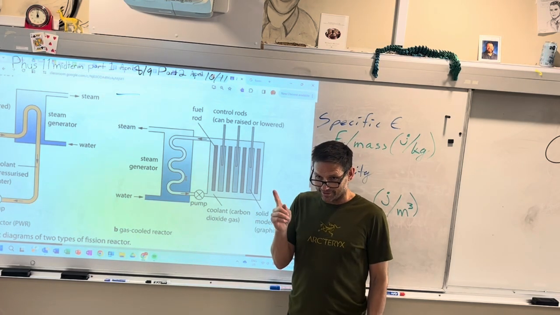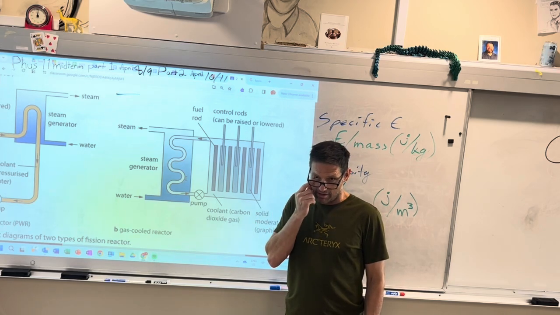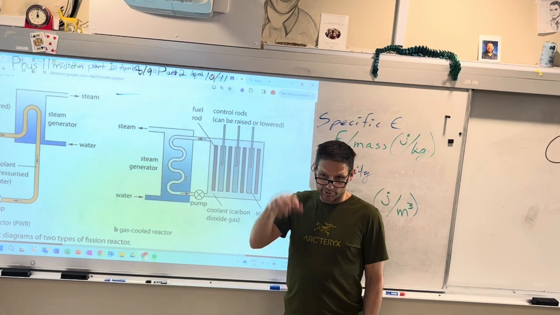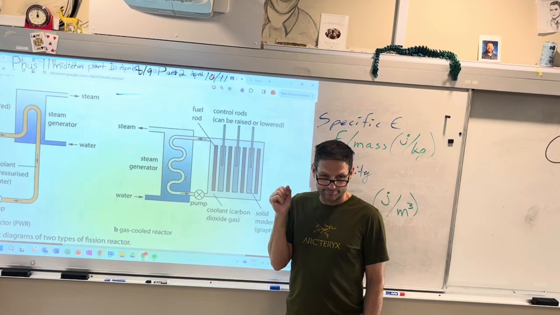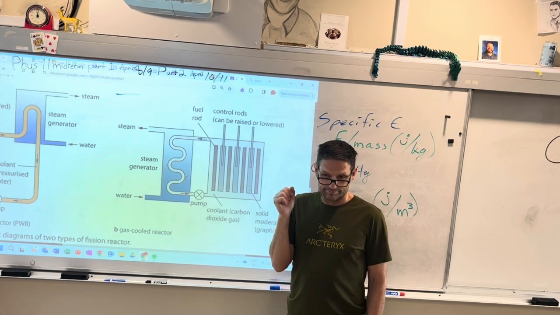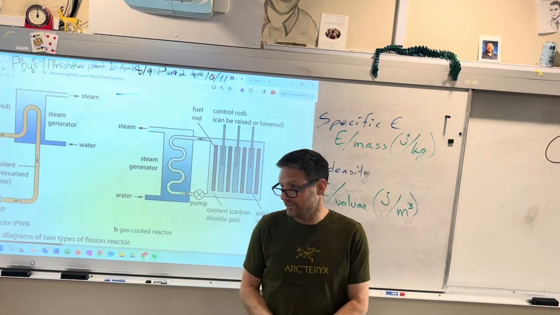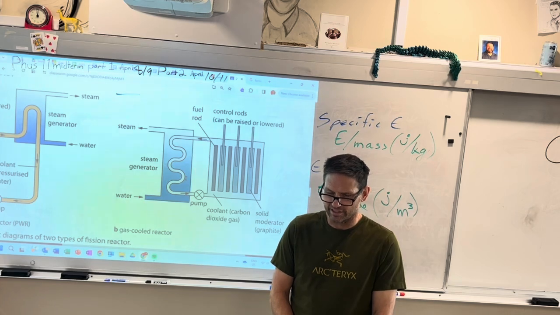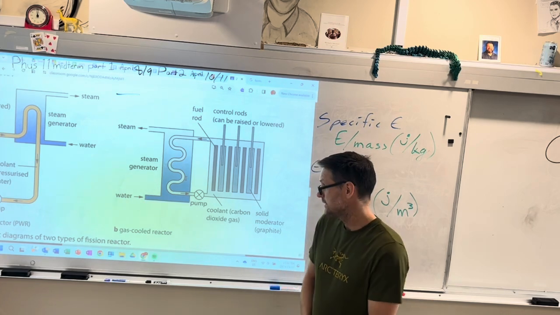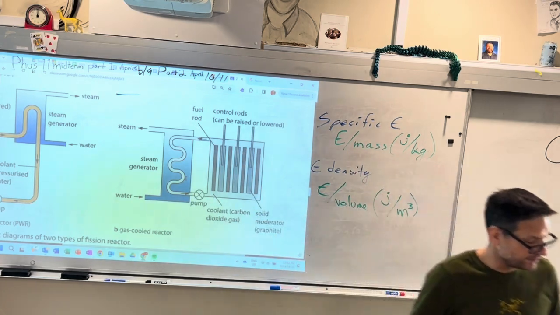Interesting though, in British Columbia, where we have all this wonderful hydroelectricity, it is illegal to build a nuclear reactor right now. Somebody at some point was like, no, I'm not having it. You can apply for a permit, but they'll tell you you can't because it's illegal. But we think that's going to change. And on the other side of our country, we have people designing these amazing nuclear reactors that are going to save the world.